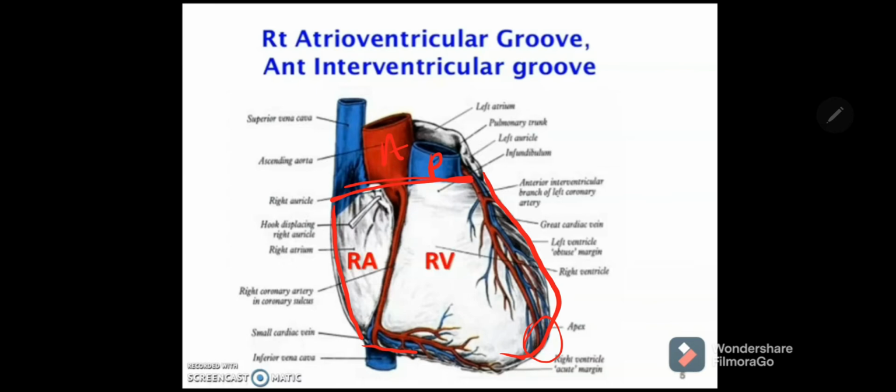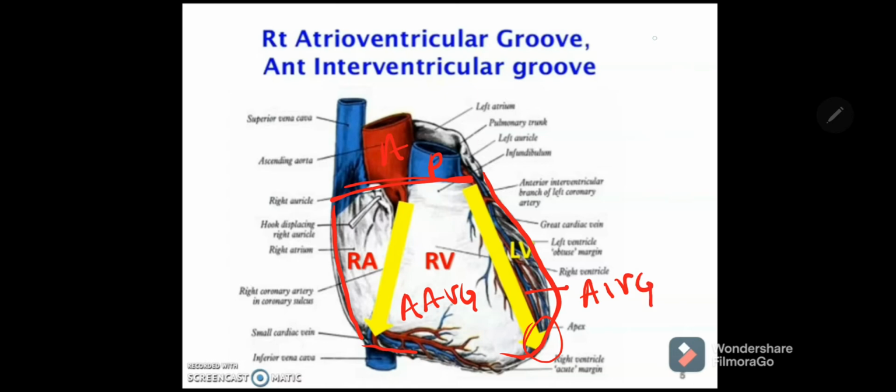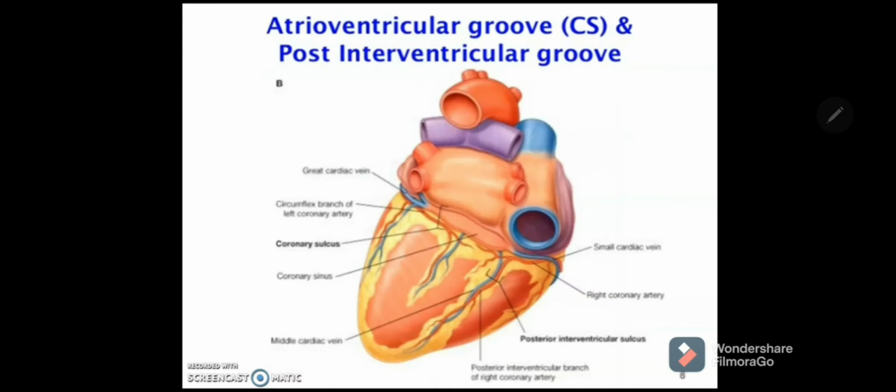In the sternocostal surface you are seeing the different chambers here: right atrium, right ventricle, and left ventricle. The right atrium and right ventricle are separated by the anterior atrioventricular groove, whereas the right ventricle and left ventricle are separated by the anterior interventricular groove. So these are the chambers you see on the sternocostal surface.